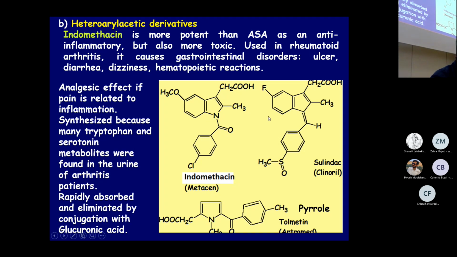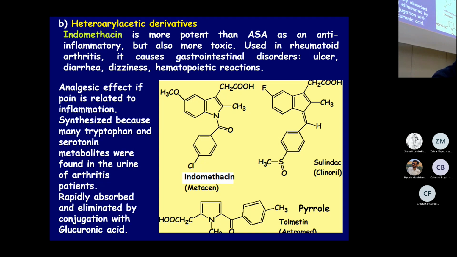Okay, we have a flat portion represented by the indole residue, and then we have free rotation of the second aromatic ring. So we don't know the active conformation of the indomethacin.